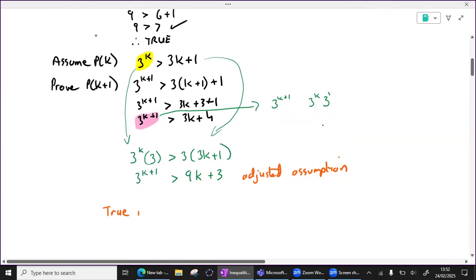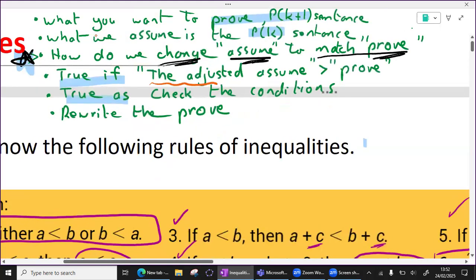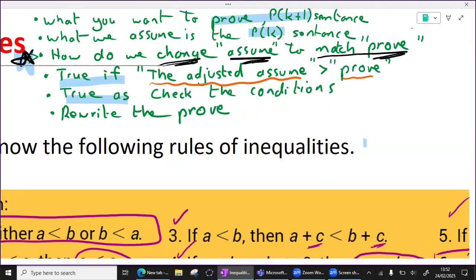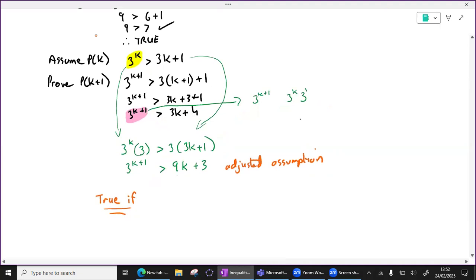This is true if the adjusted assumption is bigger than the prove. So we're going to write down, it's true if the adjusted assumption, the 9k plus 3, is bigger than the prove being 3k plus 4.